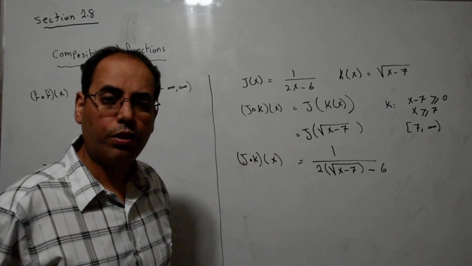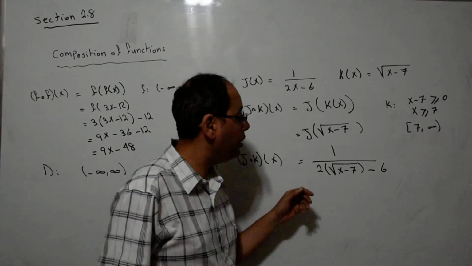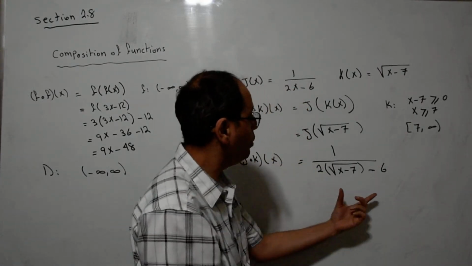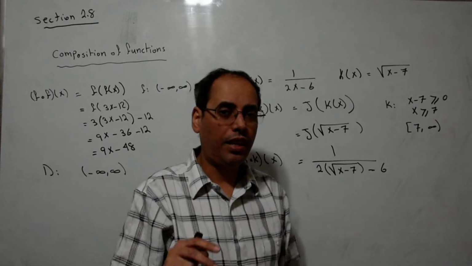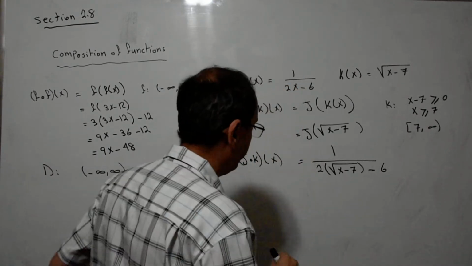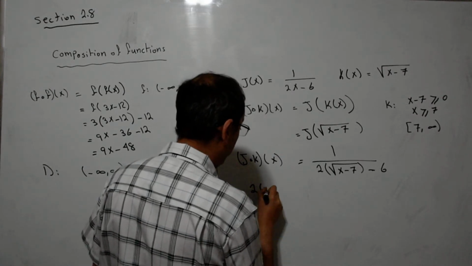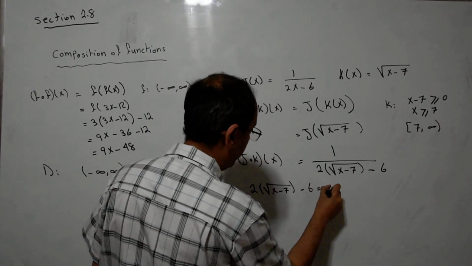So what kind of function is that? This is a rational function. Therefore, the denominator cannot be 0. So now I set the denominator to 0 and solve for x. That has two steps. We're going to work them together. Okay, so I have 2 times the square root of x minus 7 minus 6 is 0.